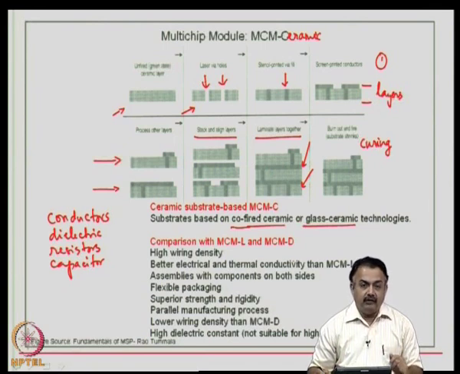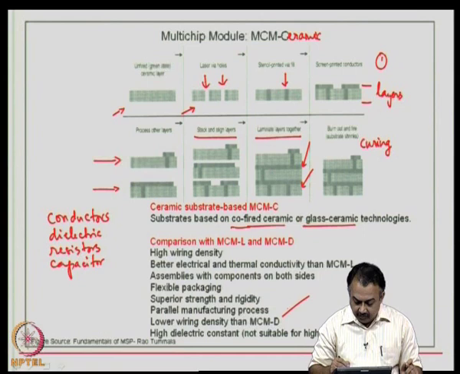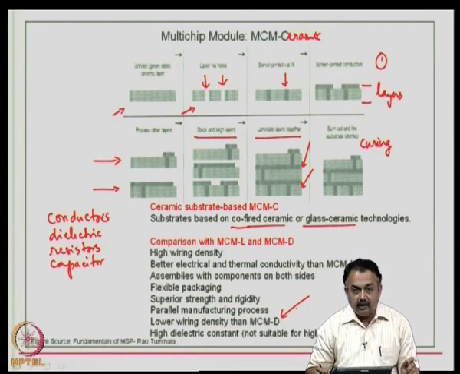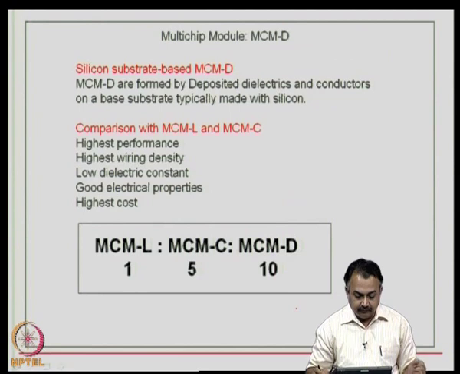You can use different types of dielectric materials for different layers. It is a parallel manufacturing process. That means the throughput, for example, in the via fabrication, can be very large. Low wiring density compared to MCMD, but a better wiring density compared to MCML. High dielectric constant, therefore, it is not suitable for high frequency applications.